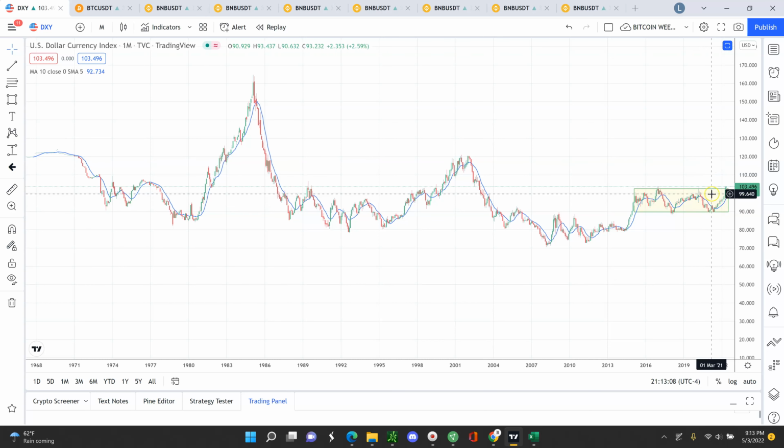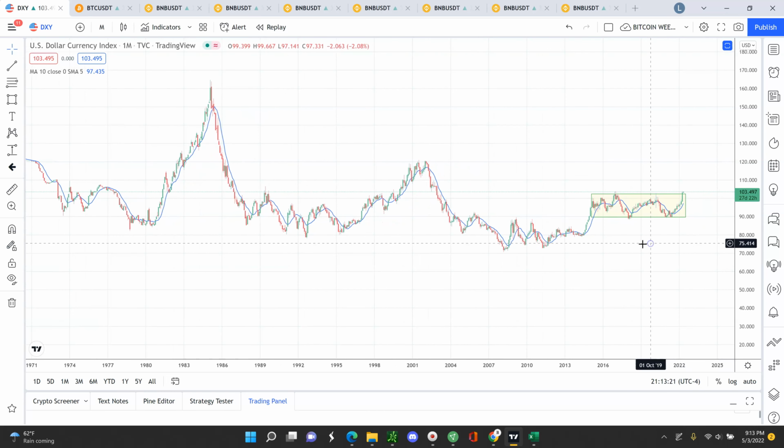And remember, this is a monthly chart, so this isn't necessarily something that I would be expecting to happen in the next month or so. You know what I'm saying? So definitely would have to give it some time. So yeah, that's one possible scenario. That would be a price level that I would be looking for.